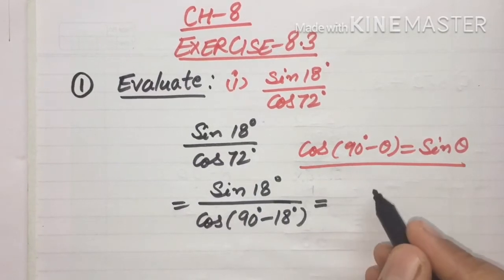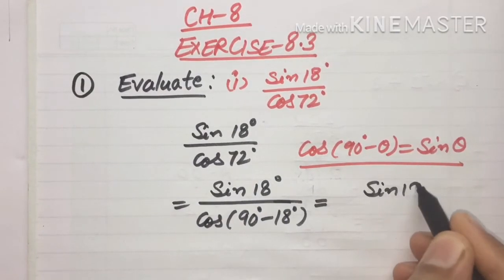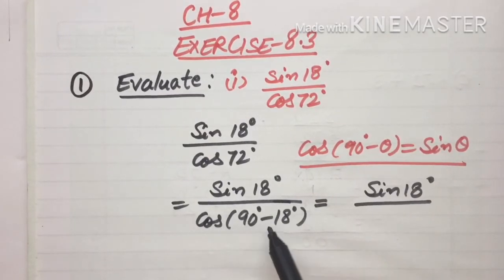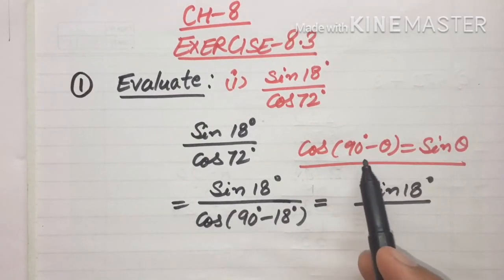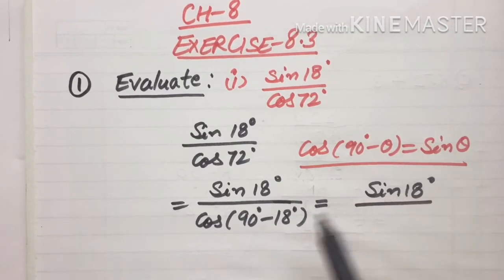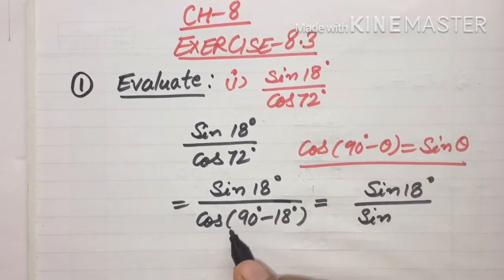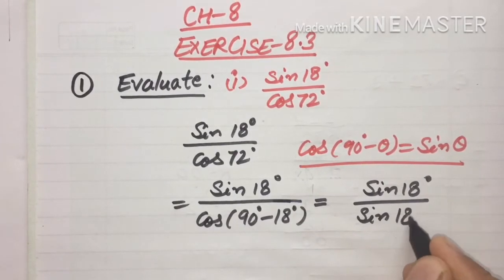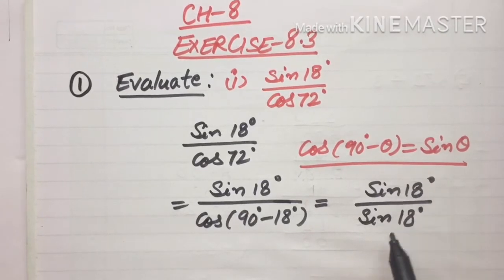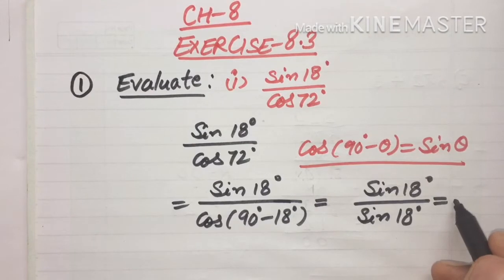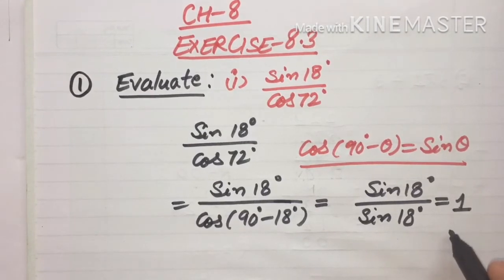So in the next step it will be sin 18 in the numerator and cos(90 minus theta) in the denominator. This cos(90 minus theta) is equal to sin theta, so cos will change into sin, and theta is 18 degree. So sin theta up and sin theta down, we will cancel that, and the answer is 1.